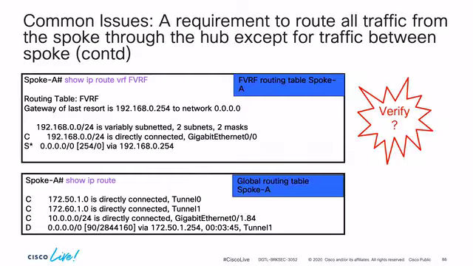Then if you look at your regular global routing table, you would see an EIGRP default route where the next hop is pointing to the hub's tunnel IP address, in this case 172.1.254. This way we see two default routes which exist within a device, and they're not overlapping.